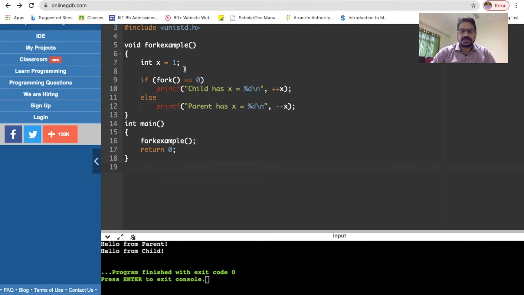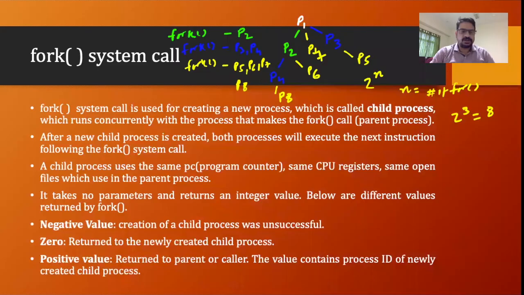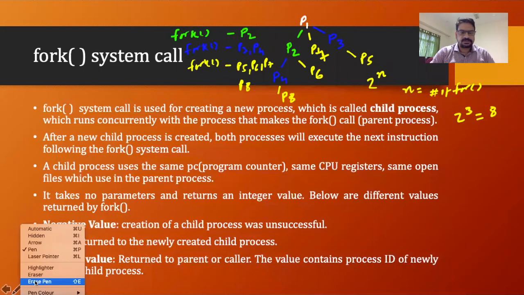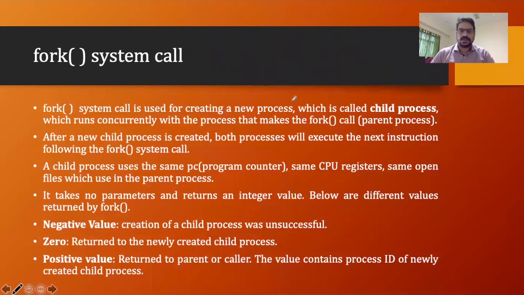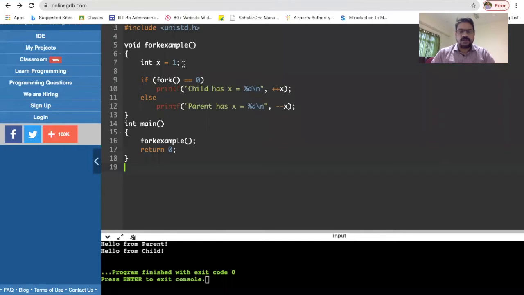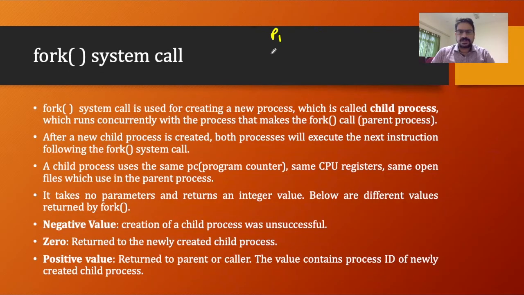As we know, both share the CPU registers and the program counter, so definitely both will share the same global variable. Let's assume this is P1, and the value of x in P1 is 1.